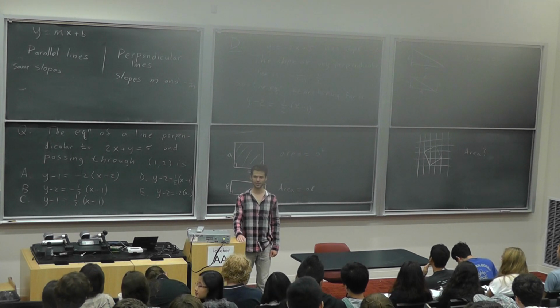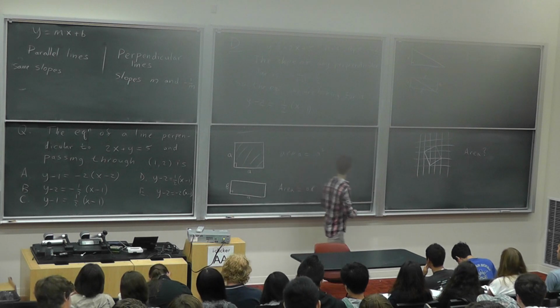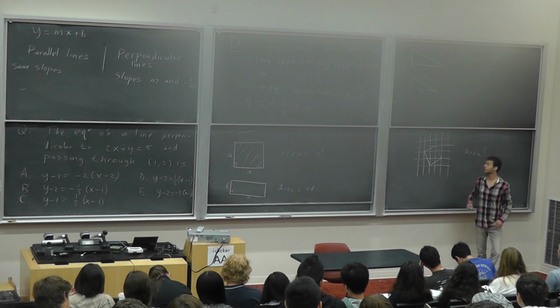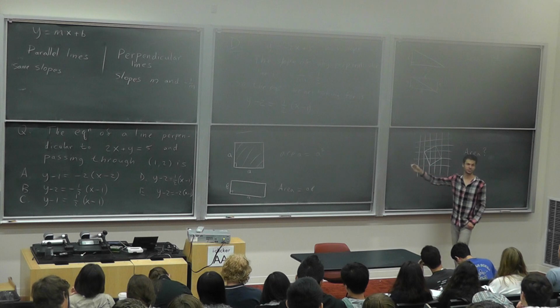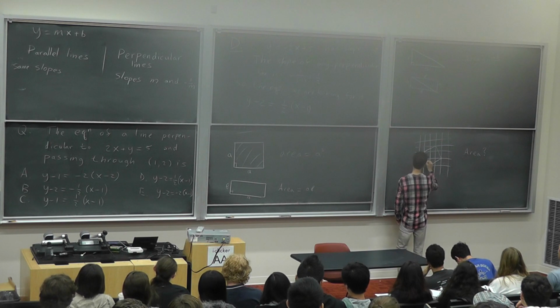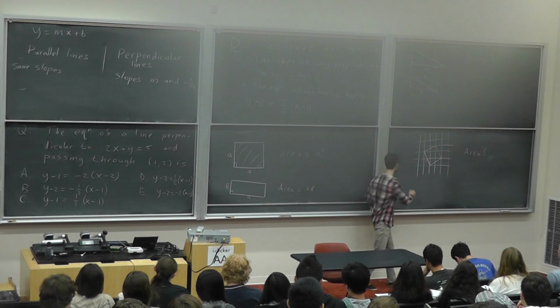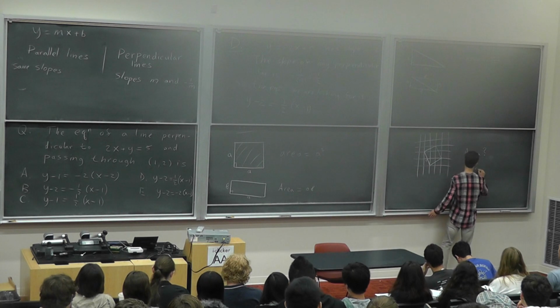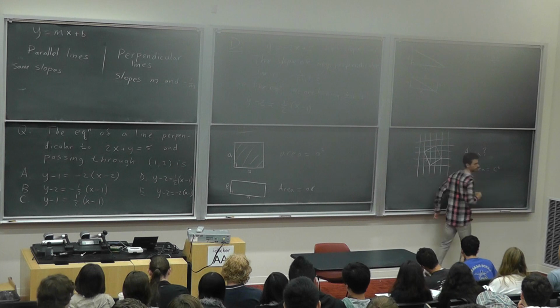Okay. So the idea was, we see that it is a square, and for a square we know what the area is. It's the side squared. So if we can figure out what the length is, let me call it c, then the area is in fact c squared.